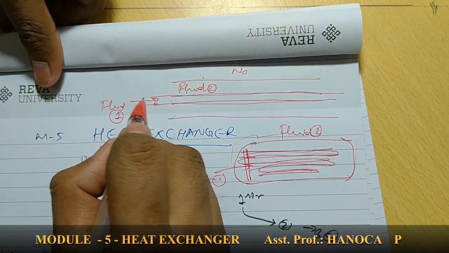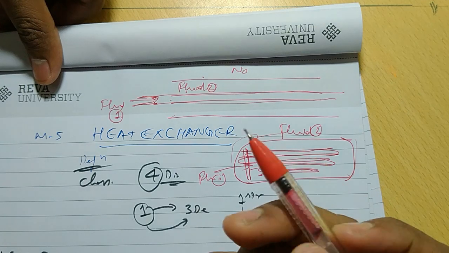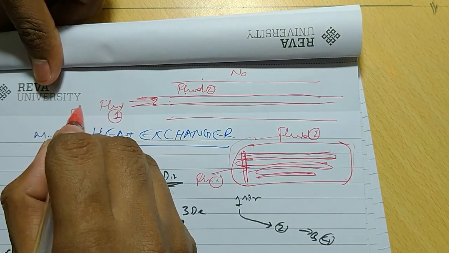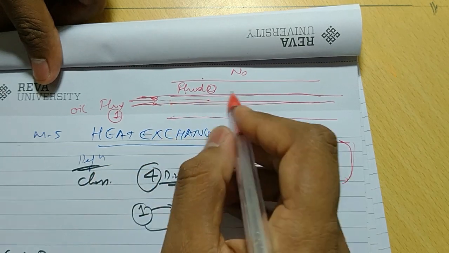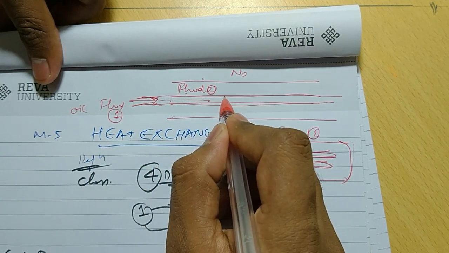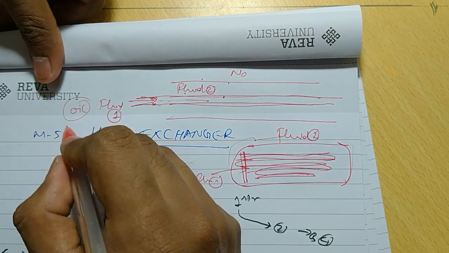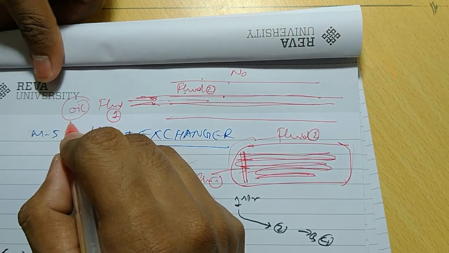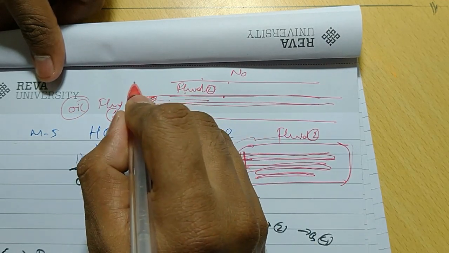Sometimes, for example in a radiator, fluid 1 may be oil. The oil is passing in the inside tube. Here there are two tubes, the inside pipe and the outside pipe. This oil is to be cooled, and it is cooled by chilled water.